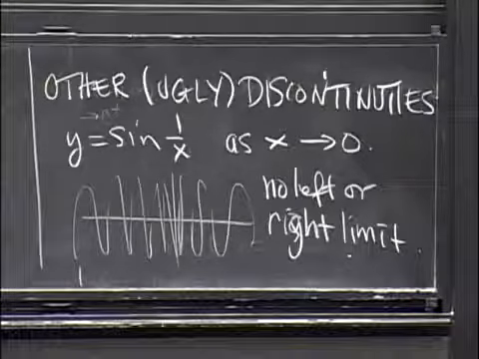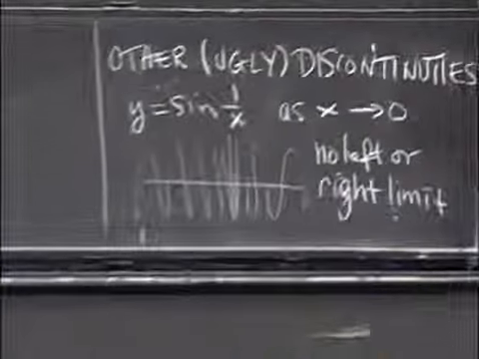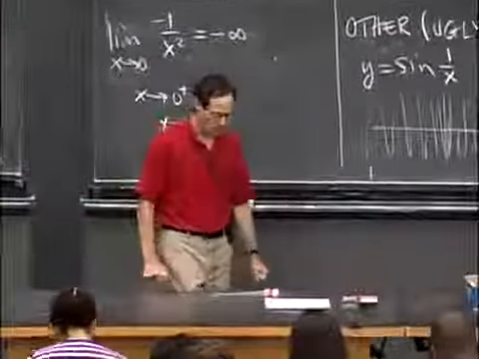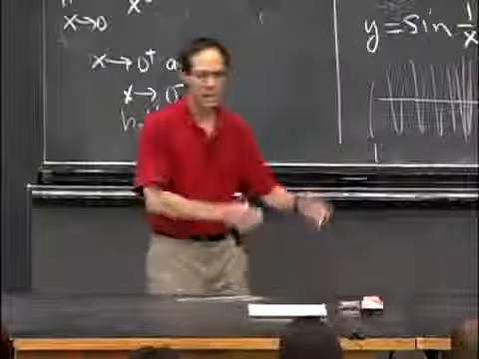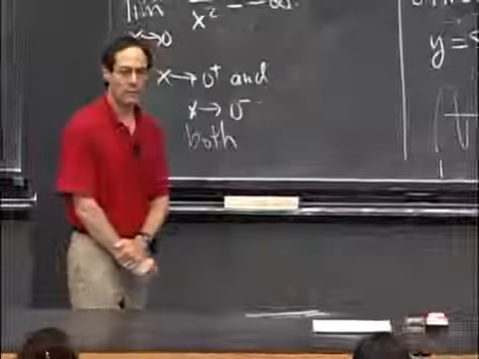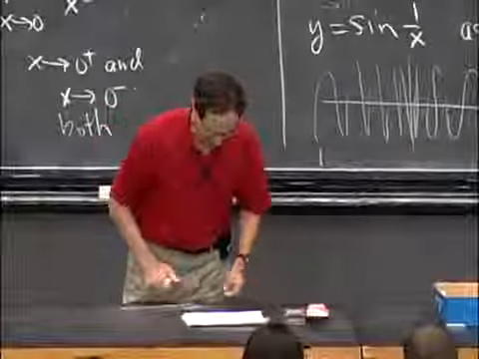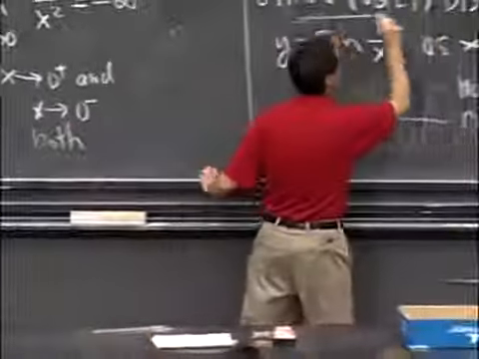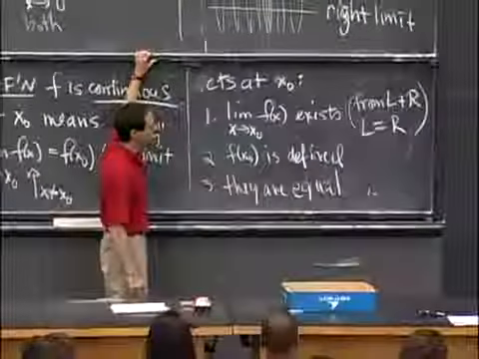So there is a very large quantity of things like that. Fortunately, we're not going to deal with them in this course. A lot of times in real life, there are things that oscillate as time goes to infinity, but we're not going to worry about that right now. Okay, so that's our final mention of a discontinuity.